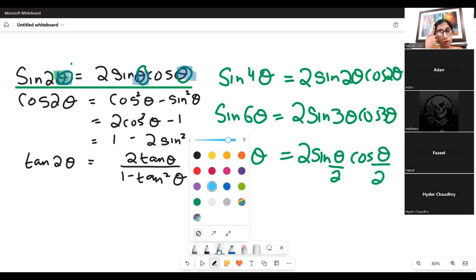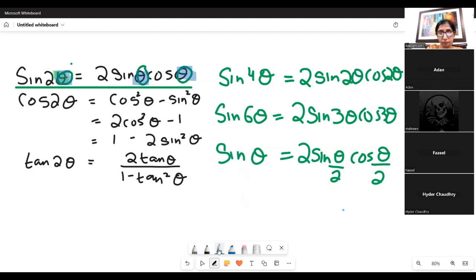Similarly, for cos 4 theta, let's say we're only talking about this identity. Let's only discuss this one. Although the method is similar no matter which of the three identities you use, we're only using this blue one. So for cos 4 theta, what will this be?